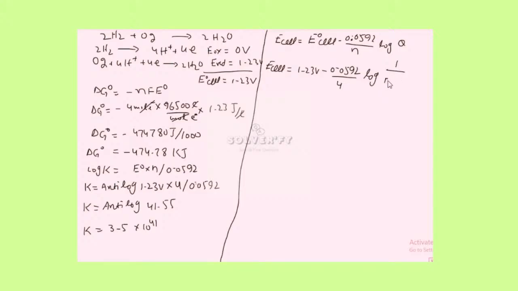Now we have to calculate the E cell, which is equal to E naught of the cell minus 0.0592 divided by n, and log of Q, where E cell is equal to E naught of the cell, 1.23 volt, minus 0.0592 divided by n, which is 4 moles of electrons, and log of 1 over the oxygen gas concentration into the hydrogen gas concentration square.